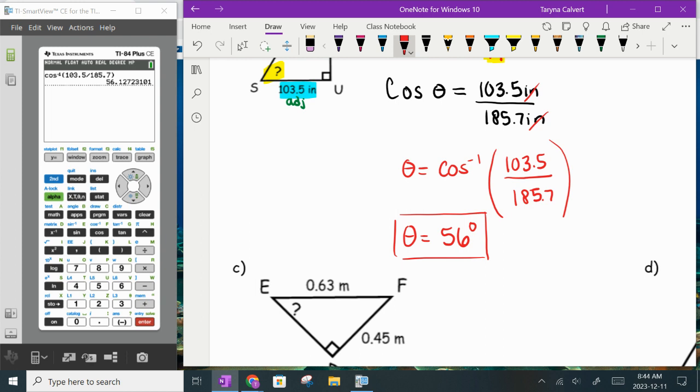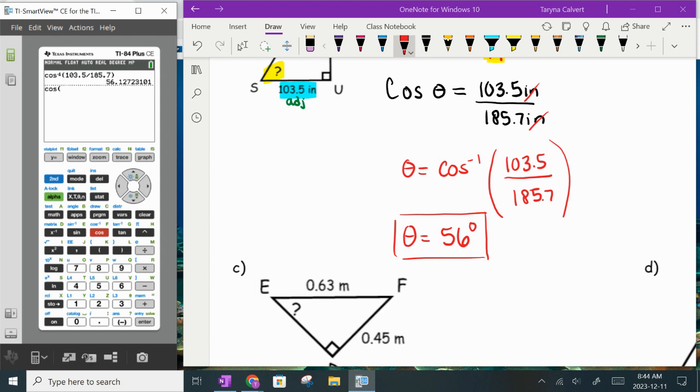Right? So if you didn't get 56 degrees, guys, guess what that probably means? You definitely didn't do it right, but you're probably not in degree mode. The other thing that sometimes students do by accident, they use the wrong cos. So if you're finding angles, you can't use regular cos. That's what we're going to use to find side lengths.